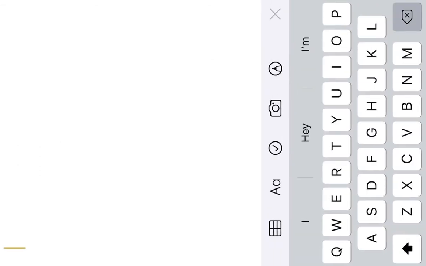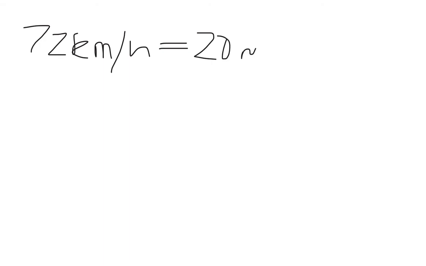Now we need to establish what parameters we have in the question. So let's look again at what the question has. Here we have 72 kilometers per hour. This is the initial velocity, because remember the final velocity will have to be 0, because we want to know what happens when the car comes to a stop.